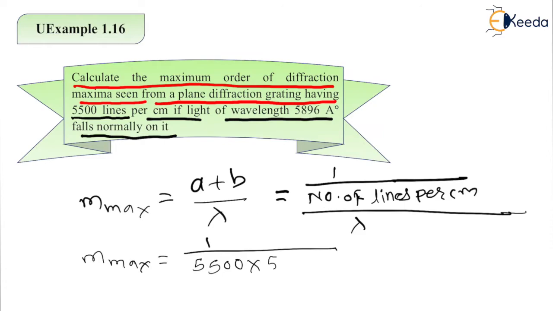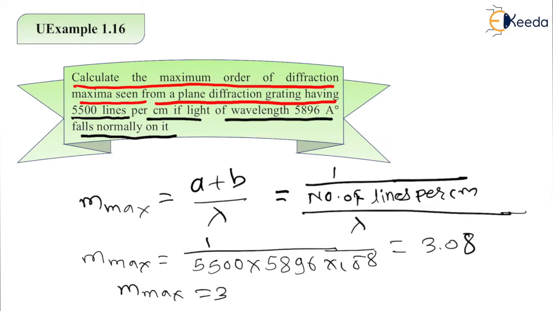Lambda is 5896 into 10 raised to minus 8 centimeter. Now just calculate. The answer is 3.08. Now rounding off, M max will be 3. So a maximum of third order diffraction can be seen from this grating.